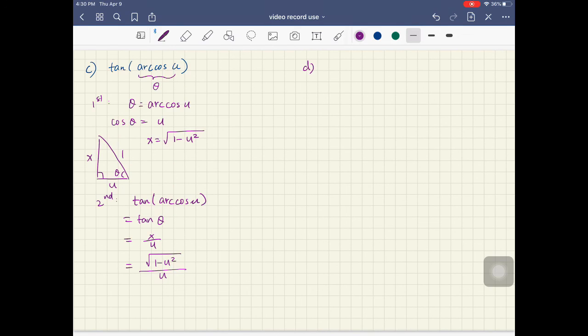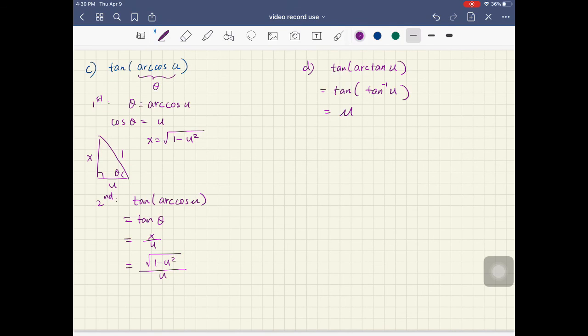Okay, then the last one we have is tangent of arc tangent of u. Tangent inverse of u has the same meaning, just a different way of representing the inverse function.